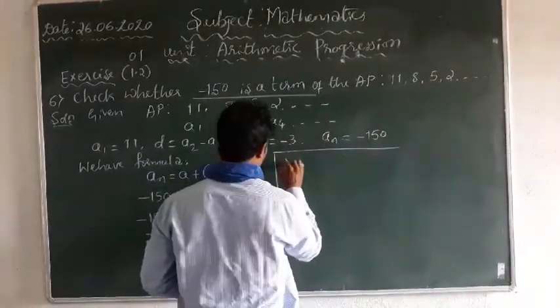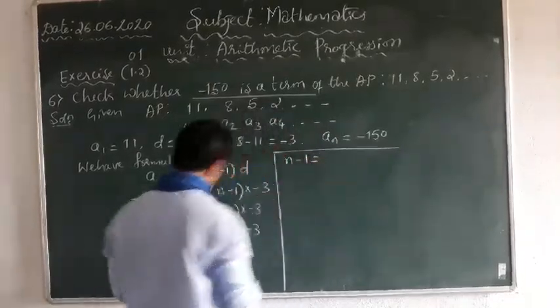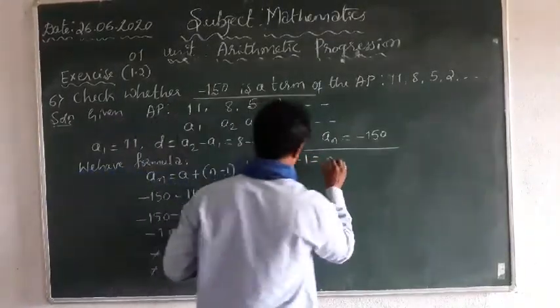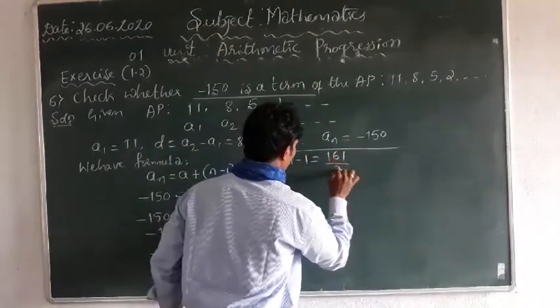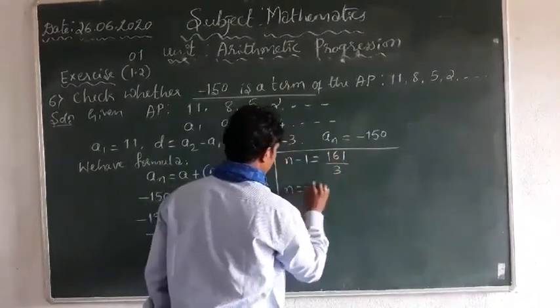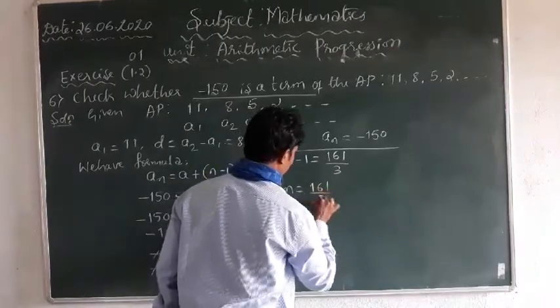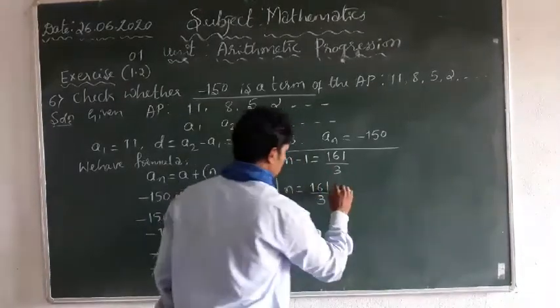So n is equal to 161 divided by 3, and the minus 1 we transfer to the other side.